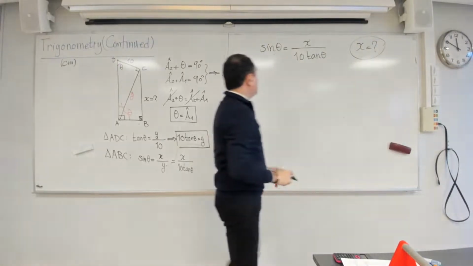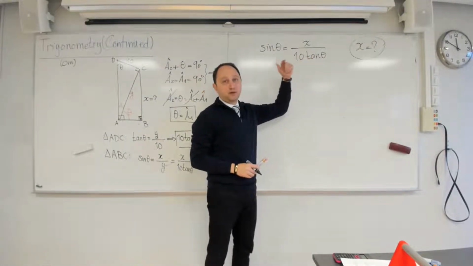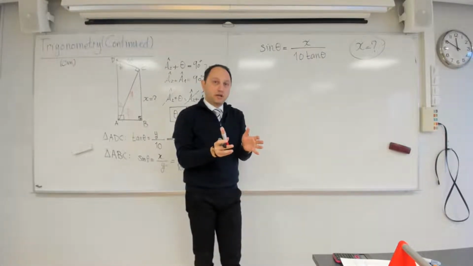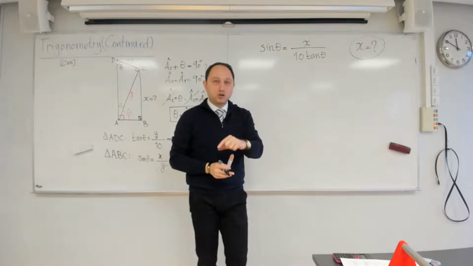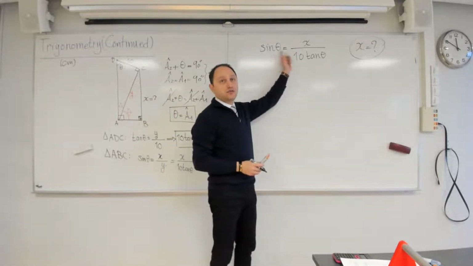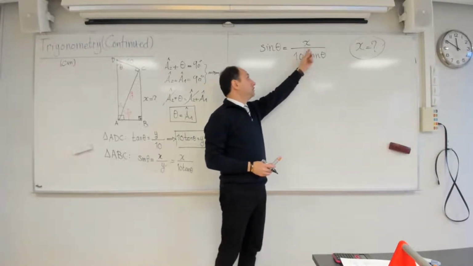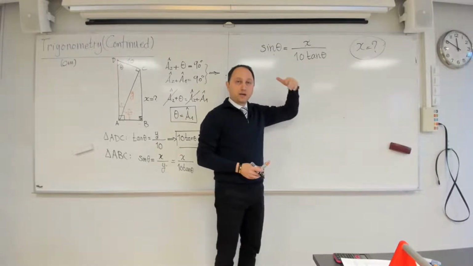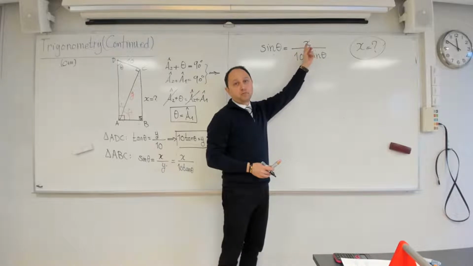Do you remember I told you that sometimes we have more than one variable in the problem? I told you even in the exam, for example, I gave you an equation involving many parameters, then I ask you to solve for x. Here, this is one of those problems. Here I have two parameters, two variables. One of them is theta, the other one is x. But my subject is x. So I can say solve this equation for x.